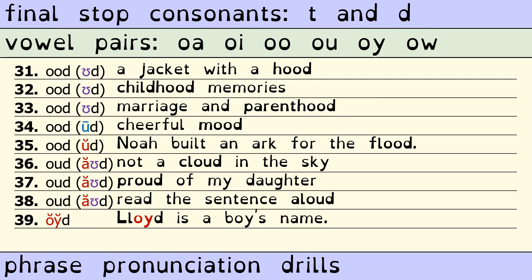Last ones for the O vowel pairs. 31. Ud, a jacket with a hood. 32. Ud, childhood memories. 33.